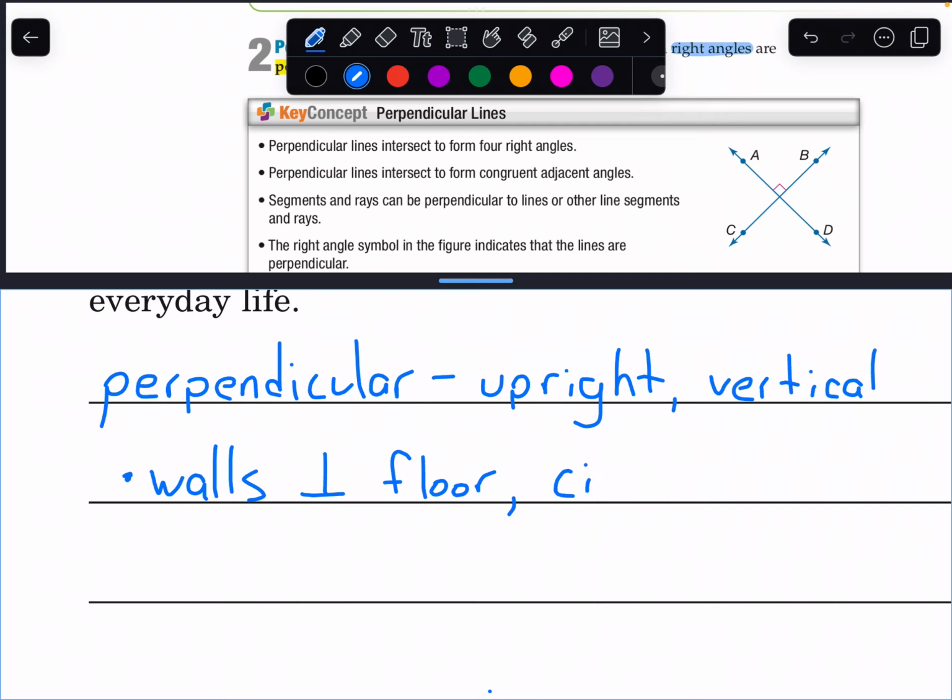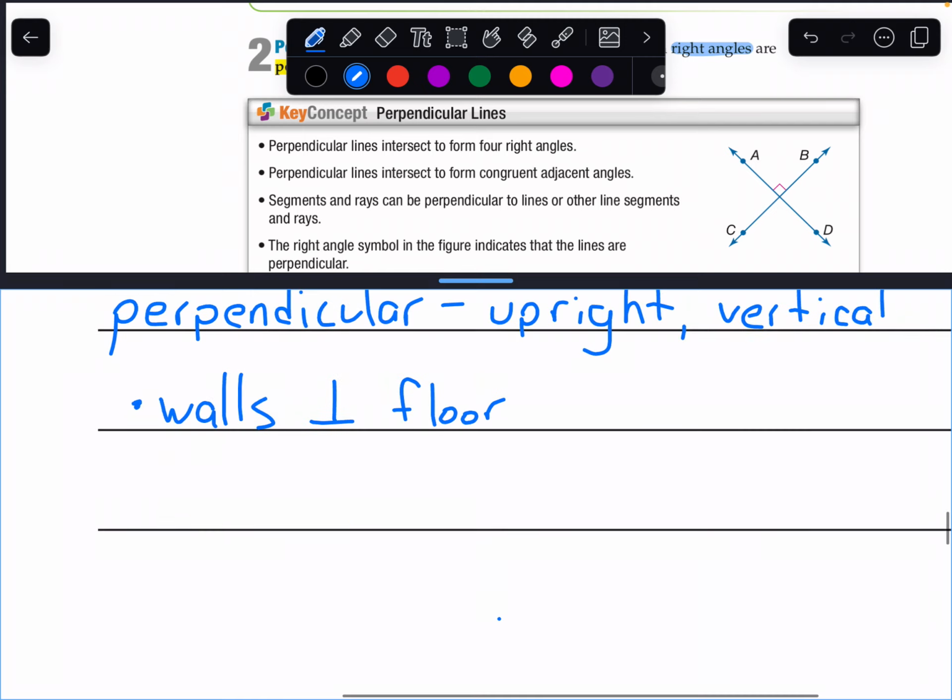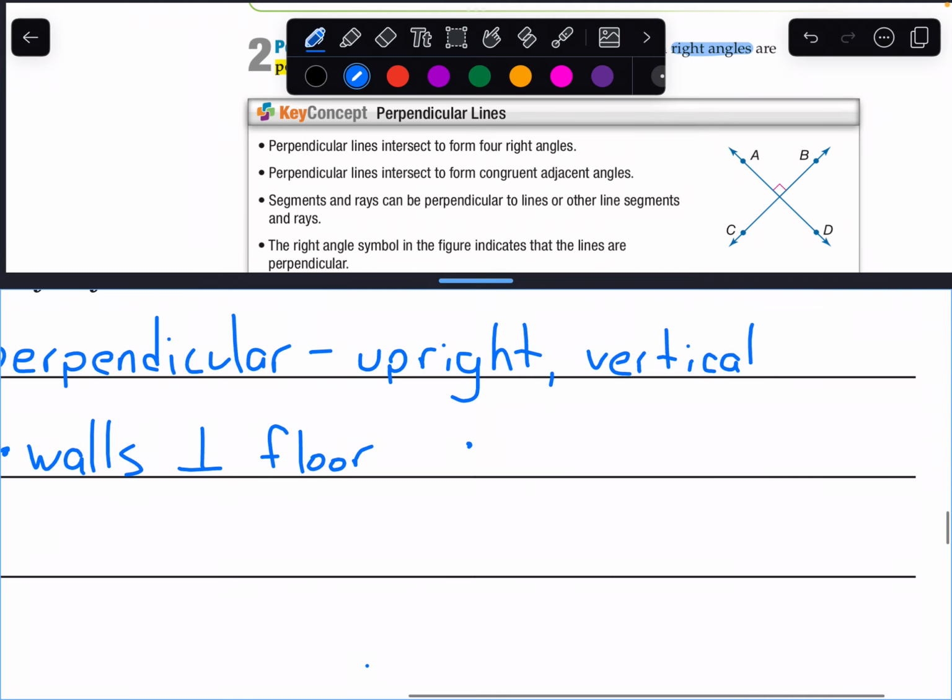I before E, except after C. That's literally backwards. You know, I'm just going to have to write ceiling. Forget it. Walls are perpendicular to the floor. What else? I'm thinking of table legs are perpendicular to the top. Table legs are perpendicular to the tabletop or desk or chair.